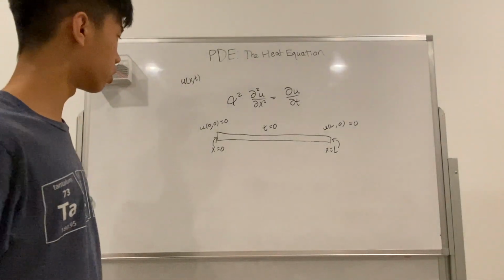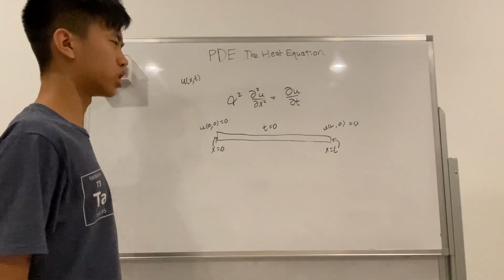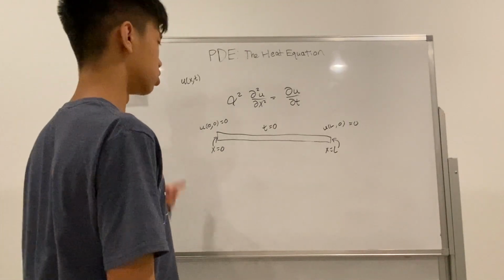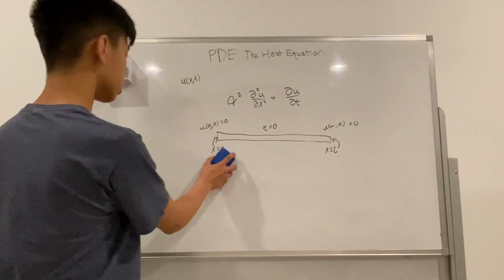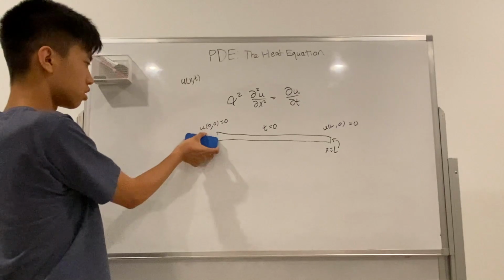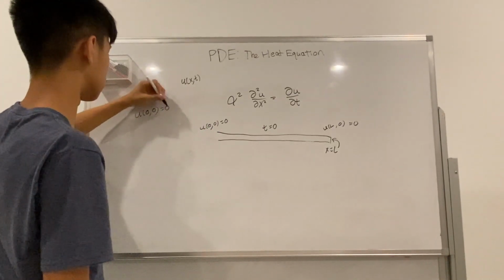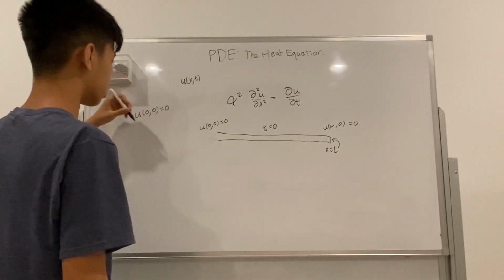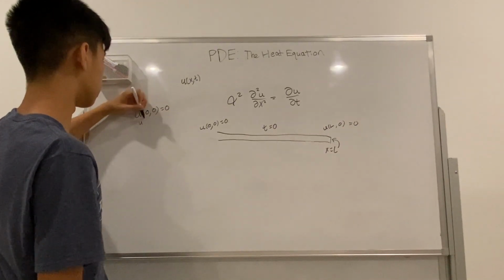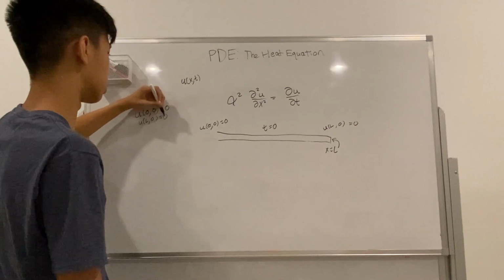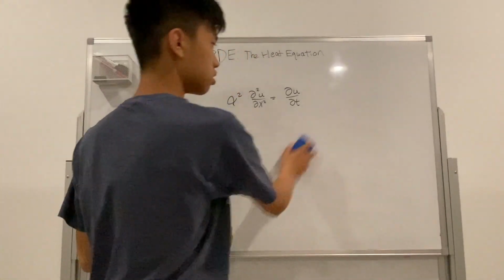And in a future video, we'll cover a more general case and how it could reduce to this form. But for now, we'll just cover functions with these boundary conditions.